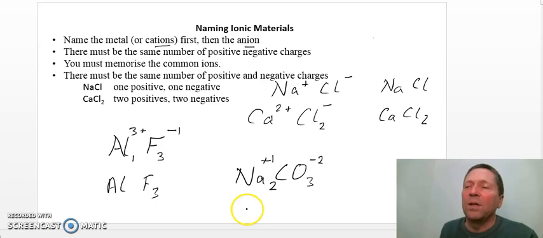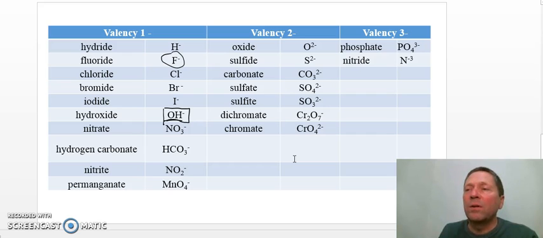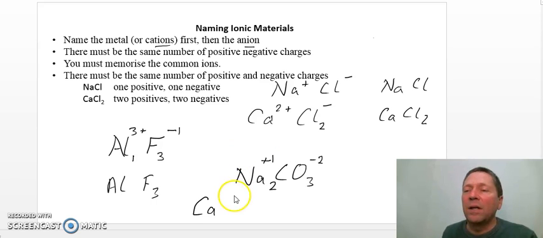I should perhaps mention that if it's a polyatomic ion, like this, you might need to use some brackets. So let's just pick an ion. What about calcium nitrate? Calcium is 2+, and nitrate is NO3, 1-.